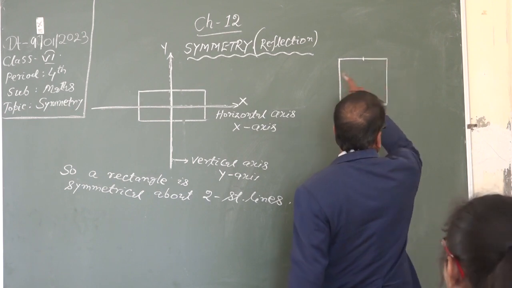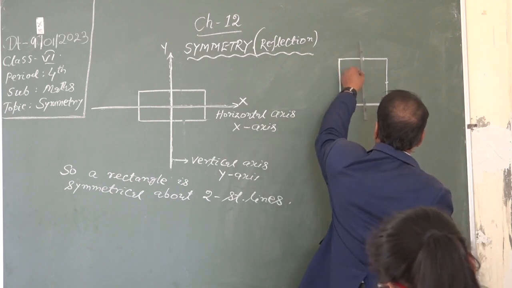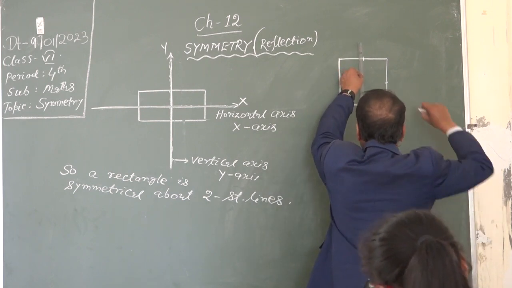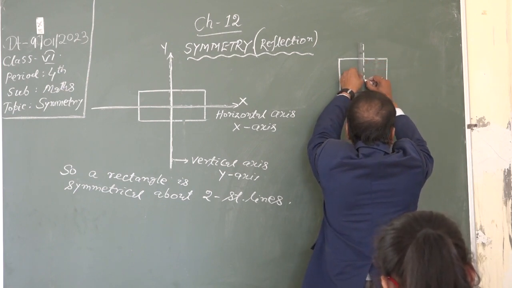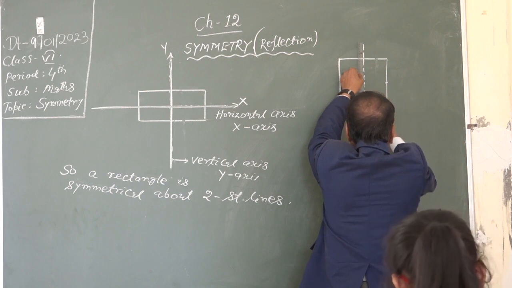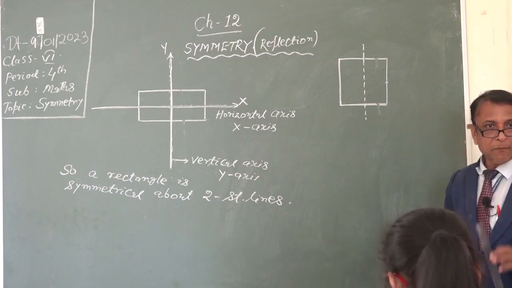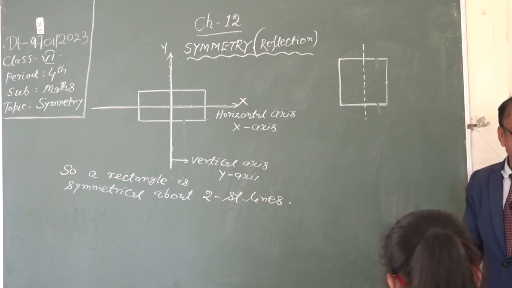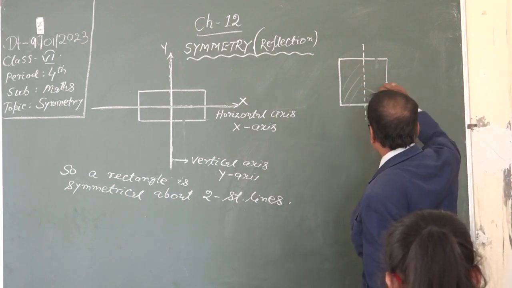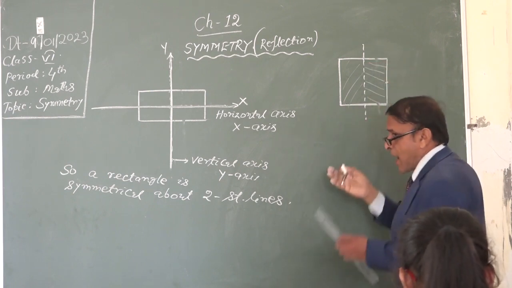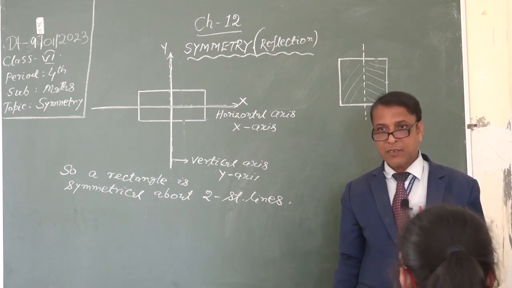If I draw a line through the midpoints of opposite sides, this is a line which can make the total square into two halves. Yes or no? This is one half and this is one half. Exactly, one side exactly overlaps the other.